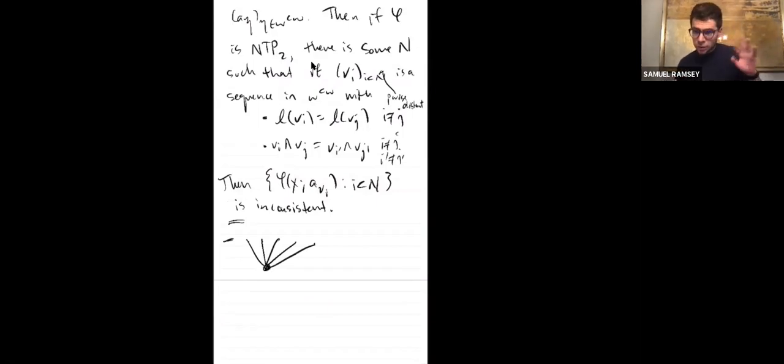So maybe those of you that have thought about set theory have thought about the delta system lemma, right? What is a delta system? It's a collection of sets such that any two of them have the same intersection. This is the analog of a delta system for a tree. Any two of them have the same meet. So you have a bunch of things which all have the same meet pairwise, and they all have the same length. Then there's some bound which tells you that these have to be inconsistent. Okay, so let's prove it.